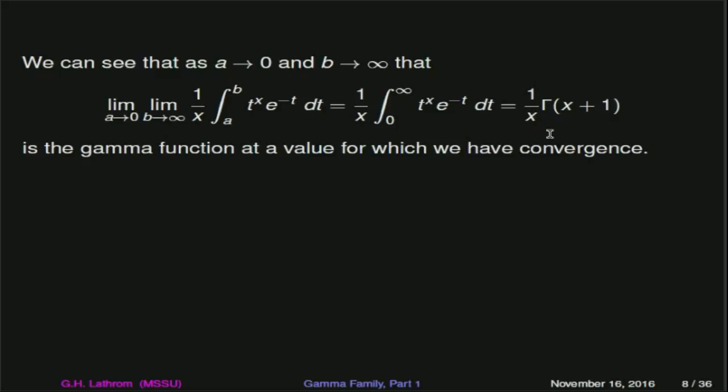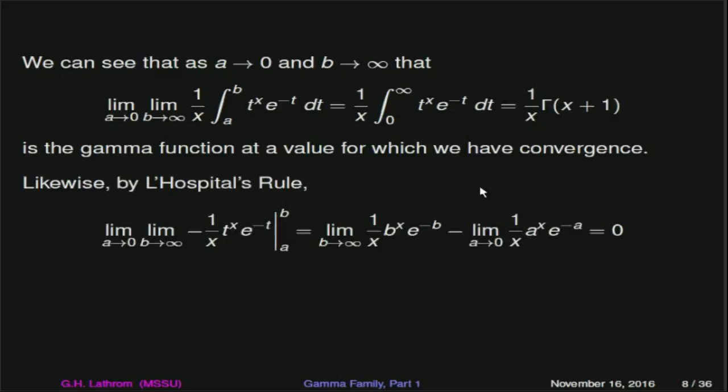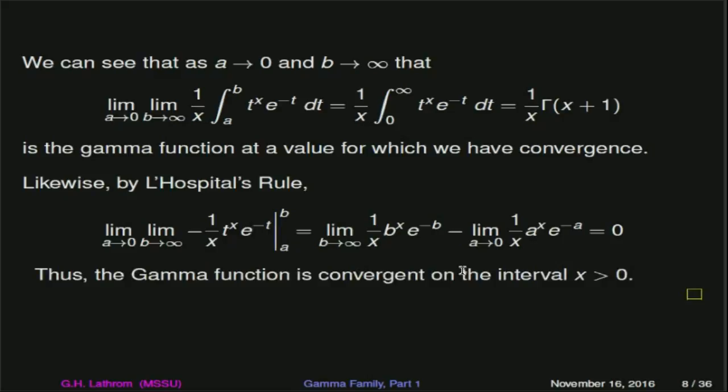And so because of that, we know our integral is going to converge. And likewise, for the expression evaluated at a and b, we can apply L'Hopital's rule. And so again, we get that expression is going to end up being 0. And so what this gives us is a sketch of the proof that the gamma function is going to be convergent for any x on the interval from 0 up to infinity.